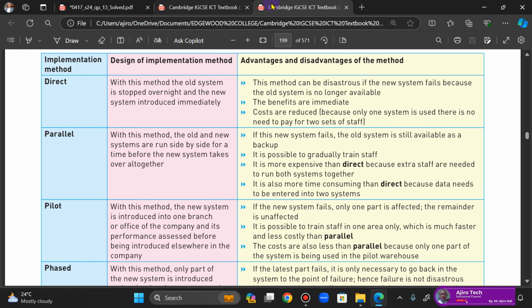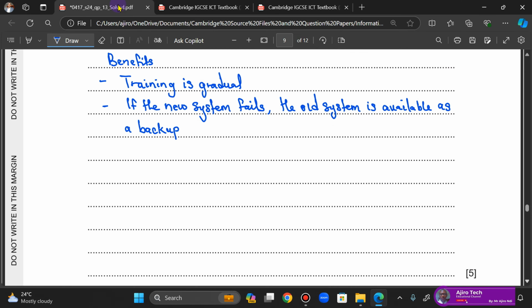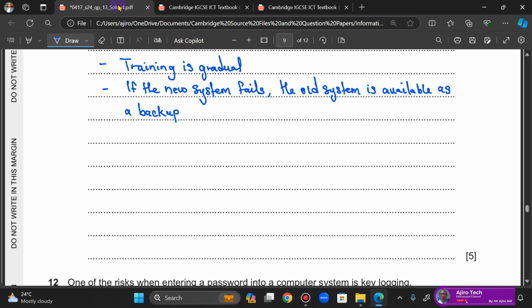Okay, so now let's look at the benefits again. It is also possible, since both systems are running together, that the new system can actually be tested with live data. That's also a good one.